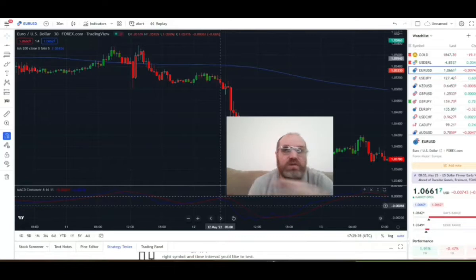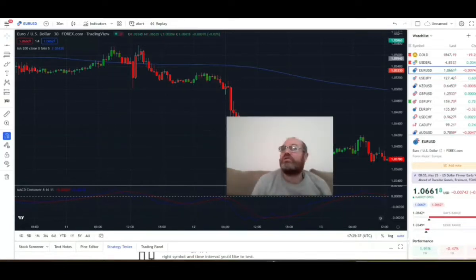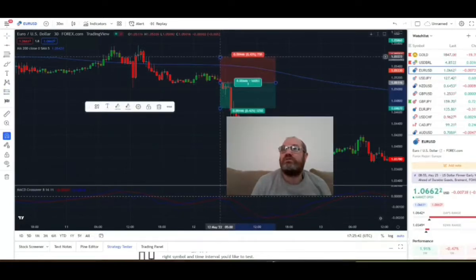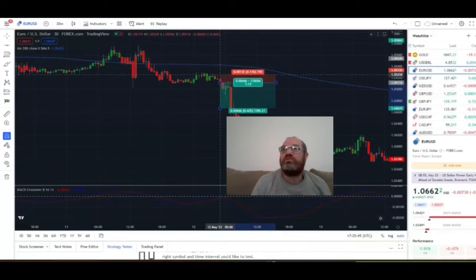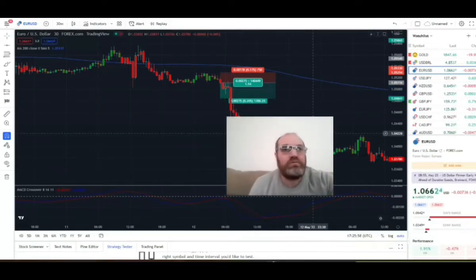Do you see? And we cross down. So here we would have taken a short position. We would have taken it on this bar right here. We would set our stop loss right there, and take profit at 1.5 around there, and that would be a winner.